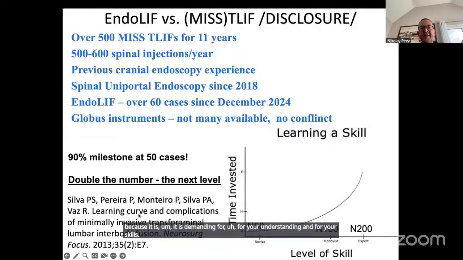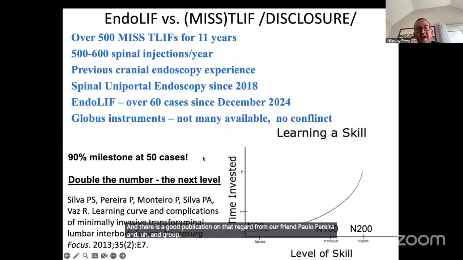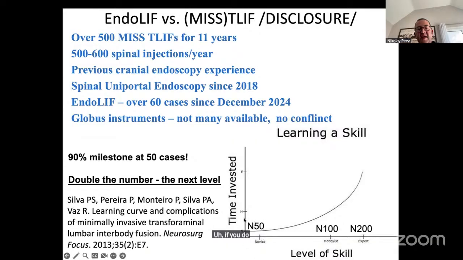And there is a good publication in that regard from our friend Paulo Pereira and group. They have established that for these new minimally invasive techniques, if you do 50 cases, you reach your 90% milestone and you're still a novice in the area. And then every time you double your cases, you go to another level.